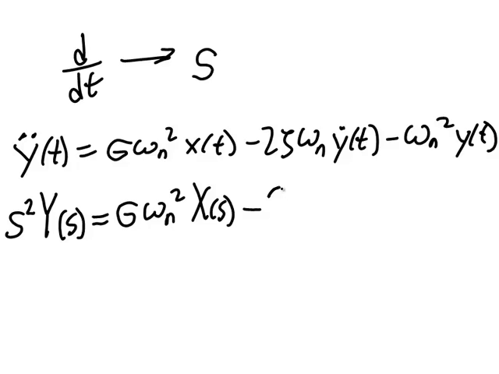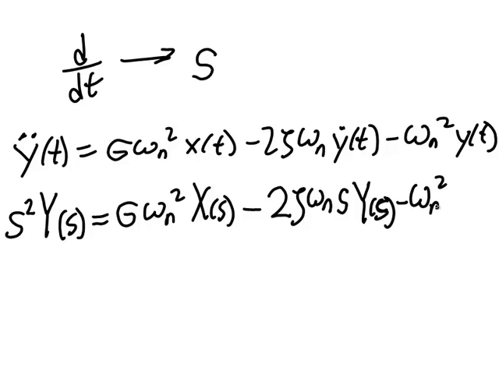In this case, I'm going to keep the constant, and I'm also going to multiply by s, but only one s, not s squared, because I'm taking only the first derivative of y. Lastly, I have omega n squared and then y of t, which becomes Y of s. Again, no variable s becomes multiplied by this term because I'm not taking the derivative of y at all.